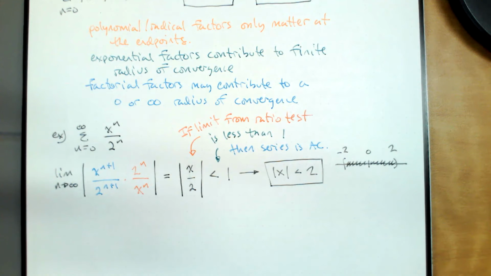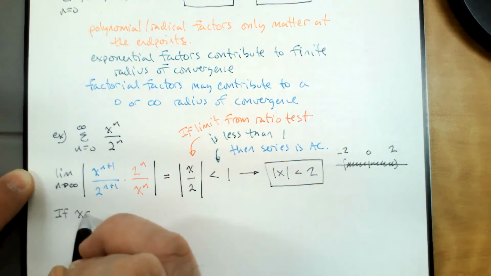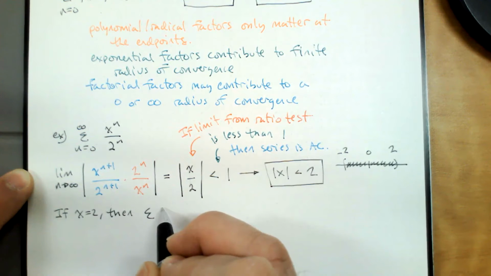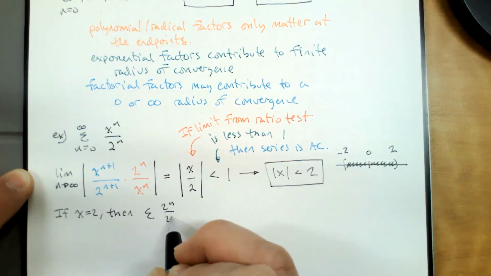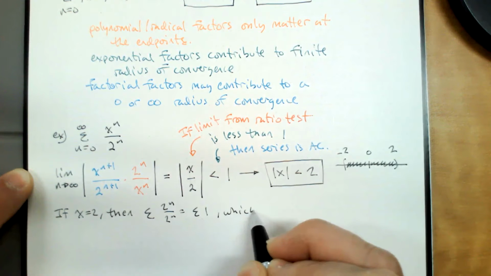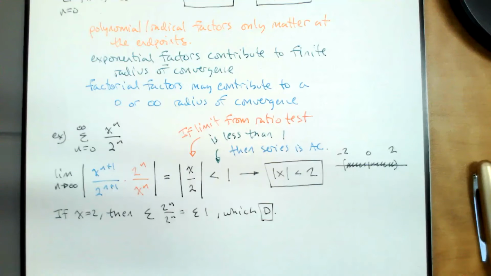We have to check the endpoints, but the same thing happens here when we check the endpoints. If x is 2, then we get the series, a sum of ones, which diverges.